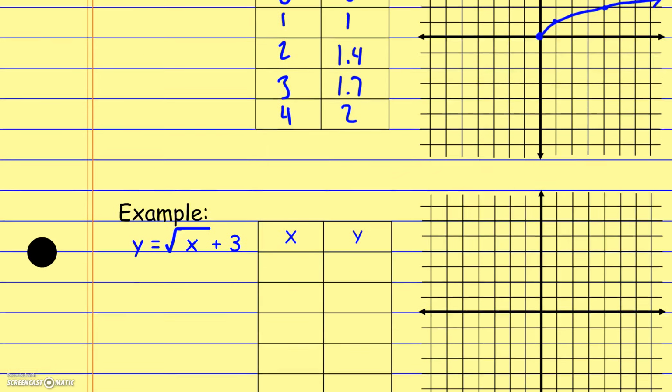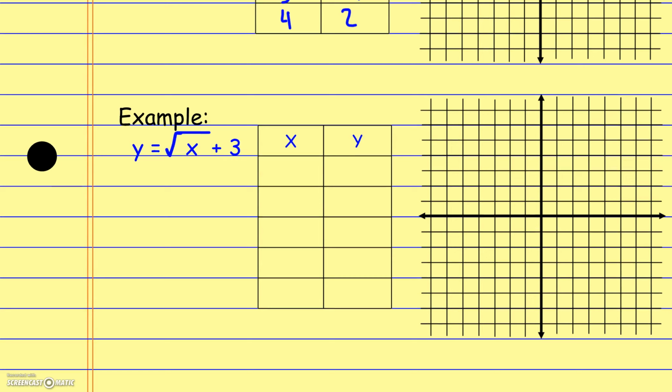For example, when I look at this one, I should be able to recognize right away that if I add 3 on the outside, it's going to raise my function up 3. So this is going to be the same thing, but instead of starting at 0, 0, I'm going to start up here at 0, 3. And it's going to follow the same pattern, over 1 up 1, over 4 up 2.